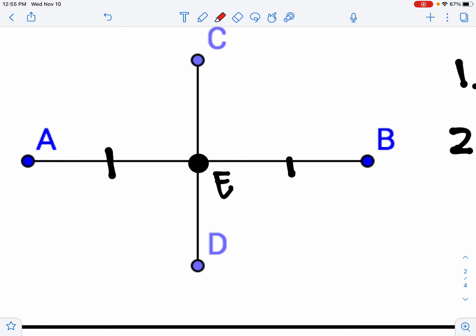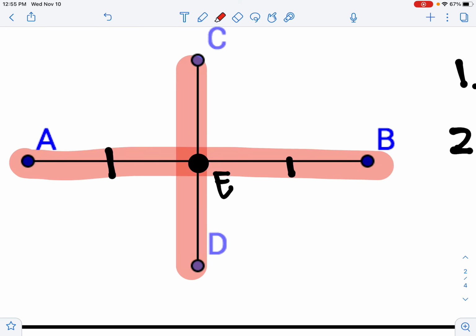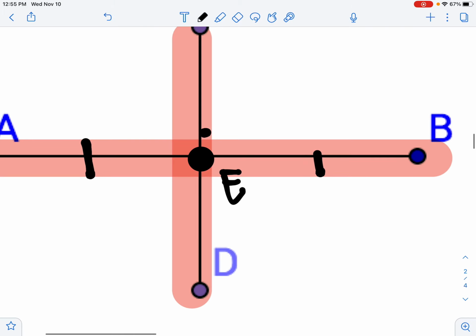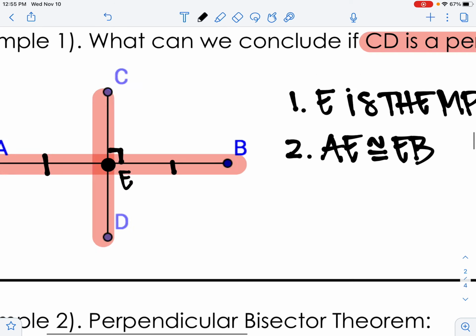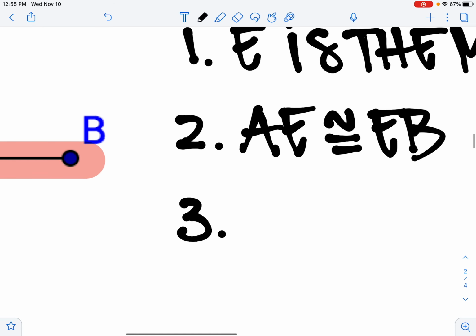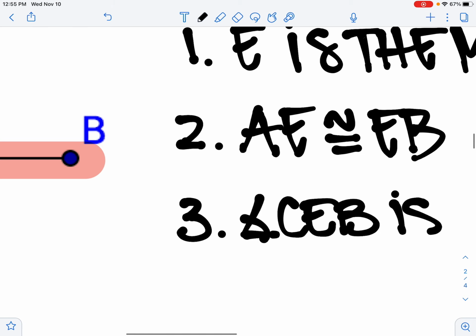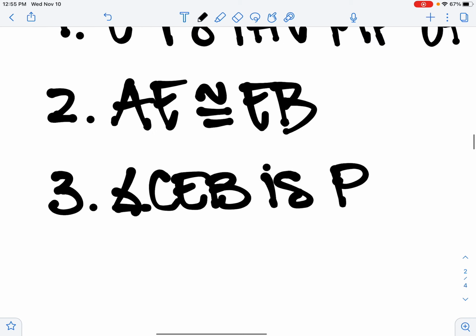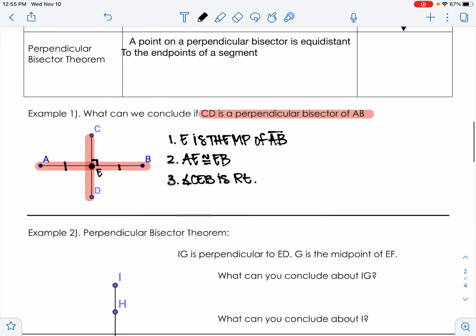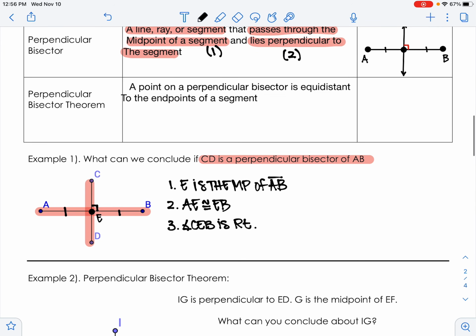So CD and AB are perpendicular, which means it's creating 4 right angles. Let's pick one of them: angle CEB has to be a right angle. Those are the conclusions we can make based off the 2 components of perpendicular bisectors.